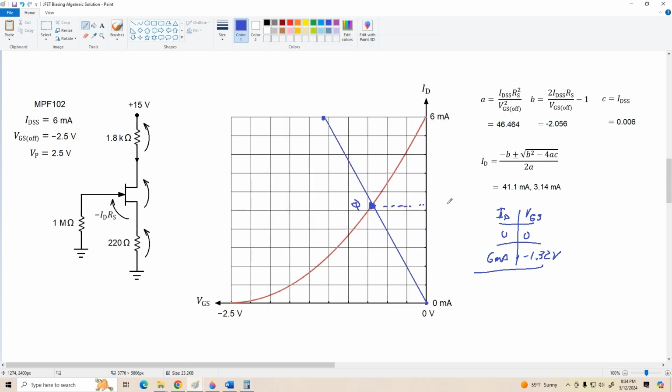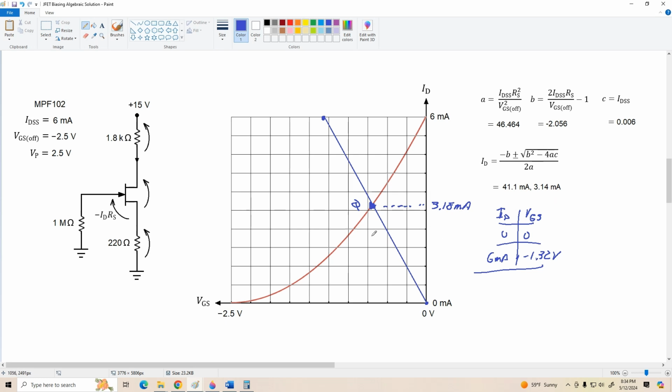All right, so graphically we get about 3.18 milliamps, and the algebraic method gave us 3.14. The algebra is probably more accurate, but either way, I just call it about 3.2 milliamps or 3.1 and let it go at that. All right, so we do have good agreement between the algebraic technique and the graphical technique.